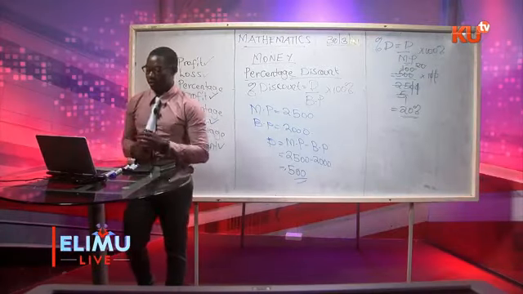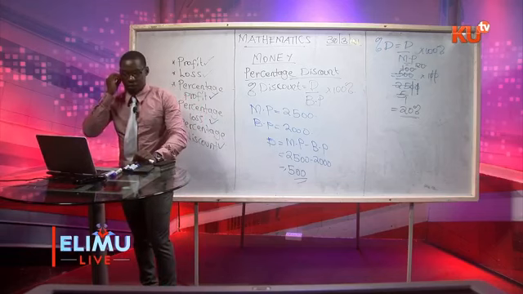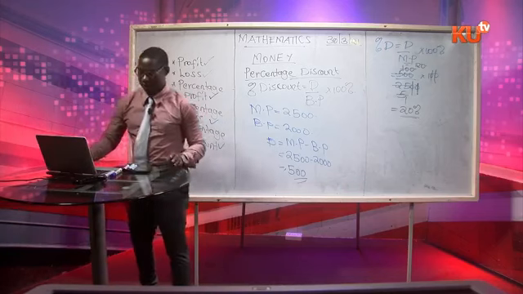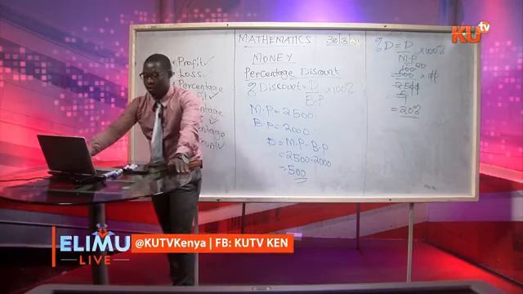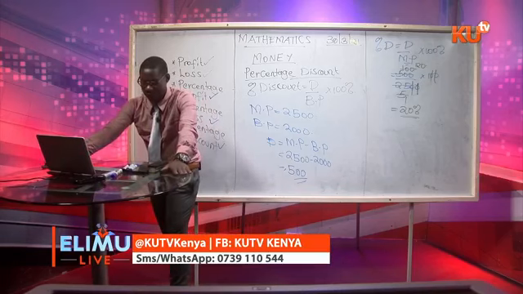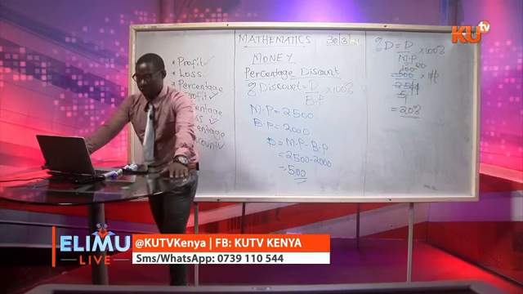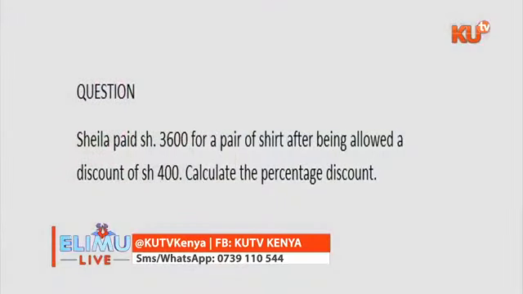So I will give you a question which I will not calculate, as your takeaway question to test your understanding of the lesson today. The question is on percentage discount. The question reads, Sheila paid 3,600 shillings for a pair of shirts after being allowed a discount of 400 shillings.